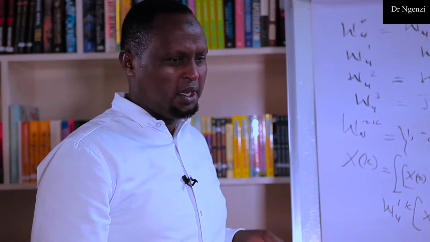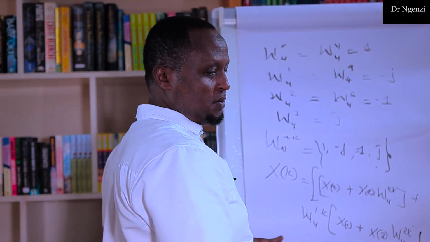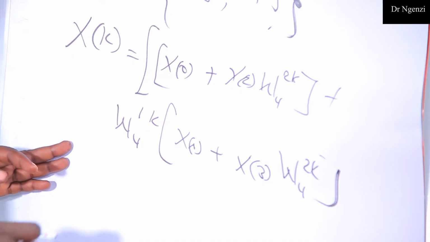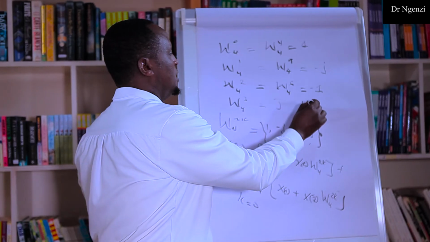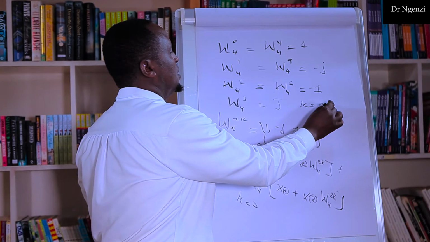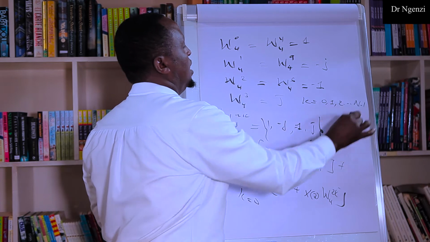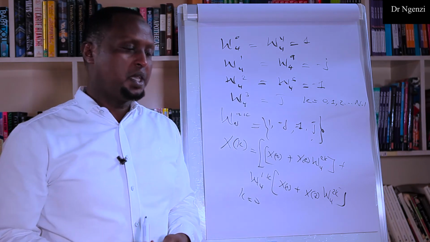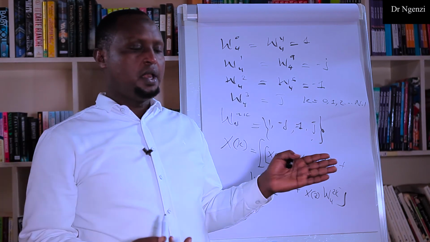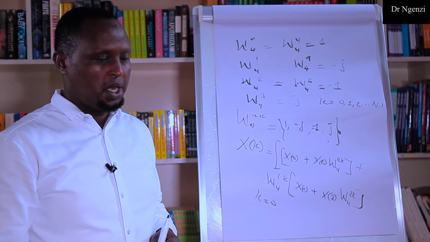So if we substitute those values, for example, if we take these even numbers for k equal to 0, for example, if it ranges from k equals 1, 2, etc., up to n minus 1, then you start substituting k equal to 0, then throughout you can get the value, and so on and so forth.